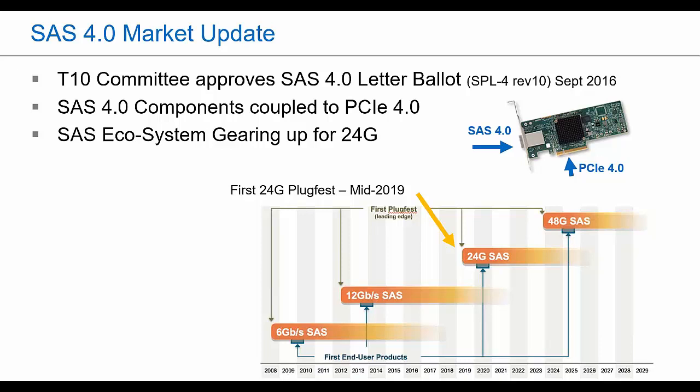That's been a key factor affecting the rollout of SAS 4 because the 24 gig host controllers are mostly going to be bridging to x8 PCIe links. So Gen 4 availability has been a gating item. 2019 looks like a turning point. The industry is now targeting a SAS plugfest for mid-year. And I've actually heard that's now approved by the SCSI Trade Association. So you should be hearing about that soon.